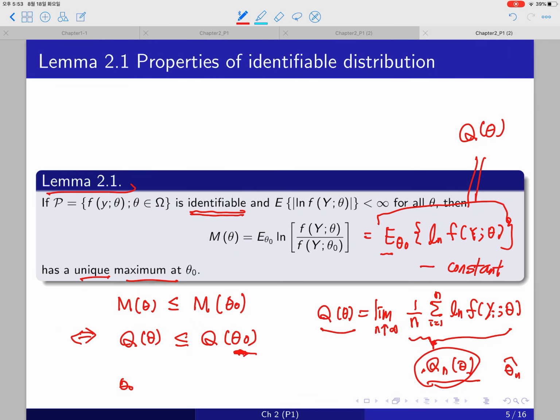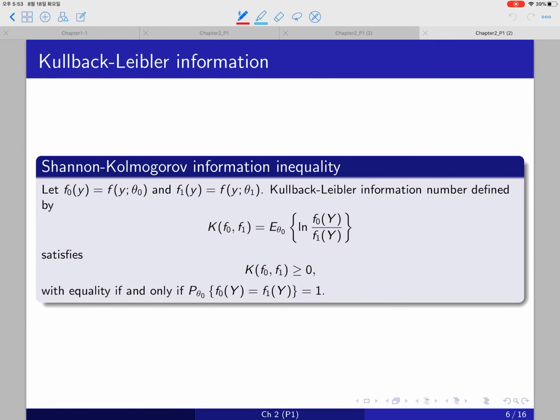To prove this lemma, we need to use the famous Kullback-Leibler information with two density functions. The Kullback-Leibler information is essentially a kind of distance, right?